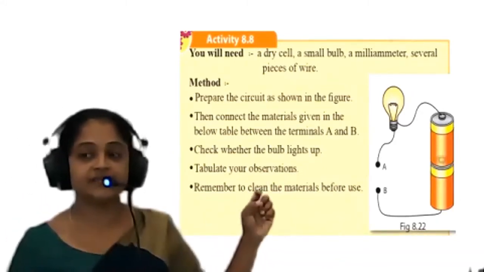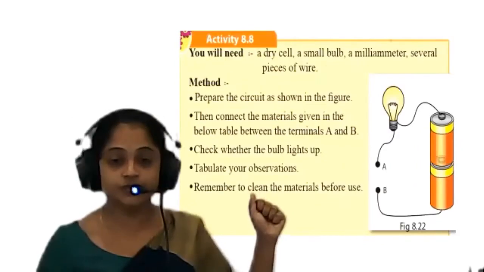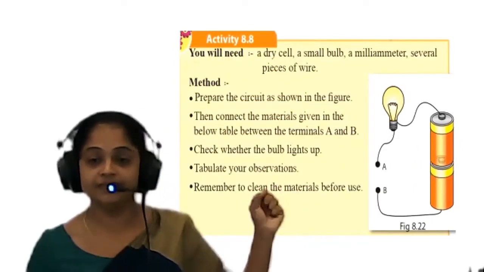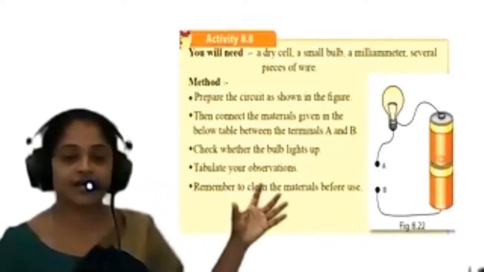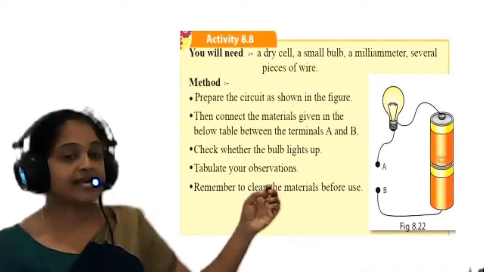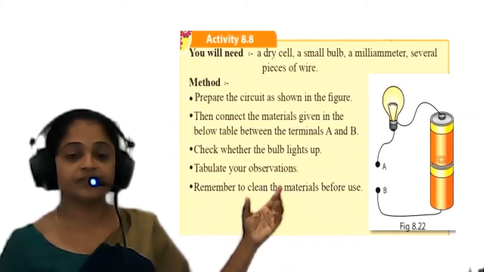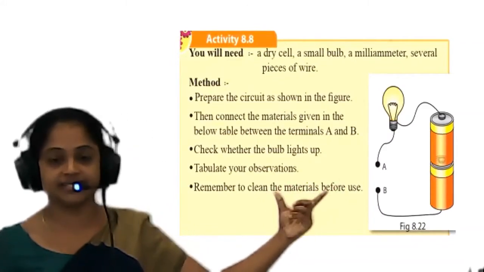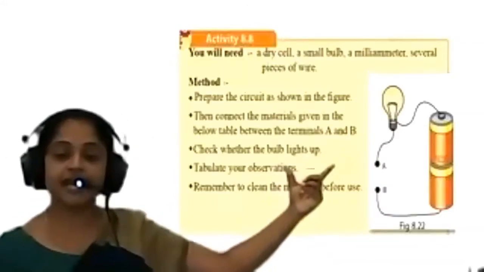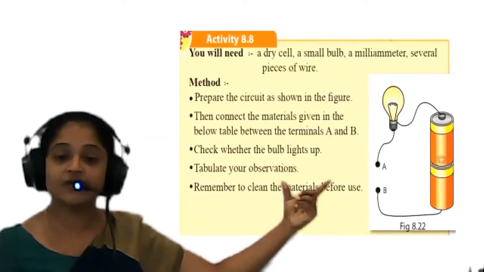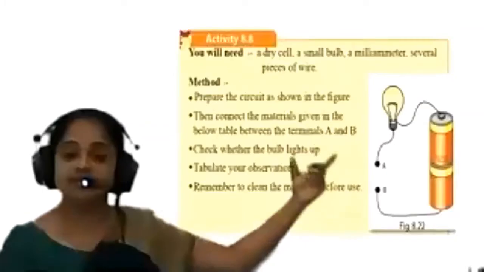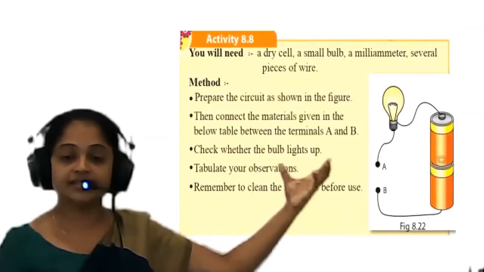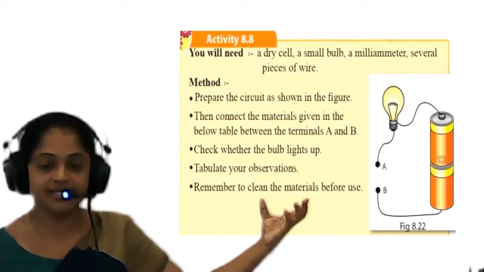Yes, we need two dry cells, a small bulb, a milliammeter, and connective wires. As we learned last day, this is a very simple circuit. What are the electric appliances in here? The small bulb, connective wires, and dry cells we used.